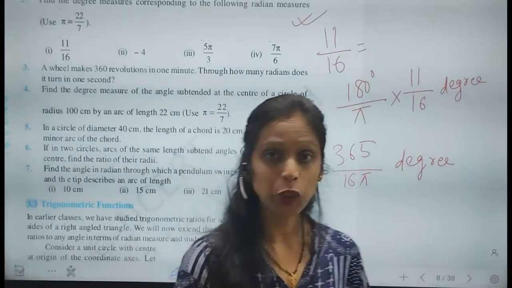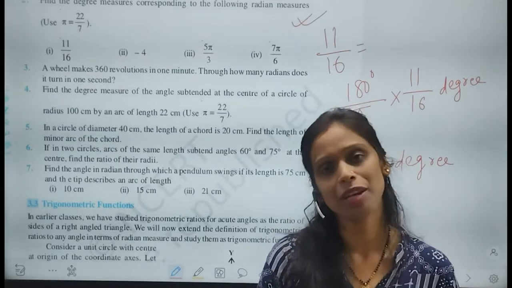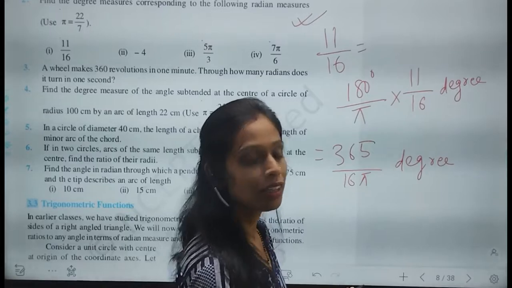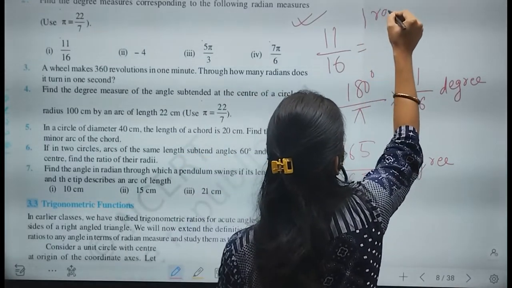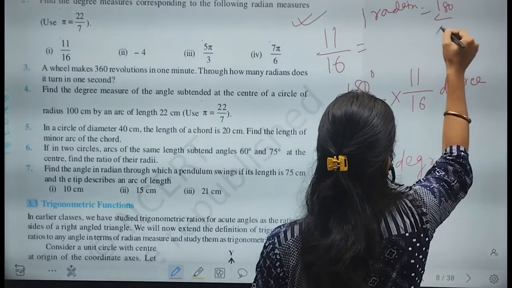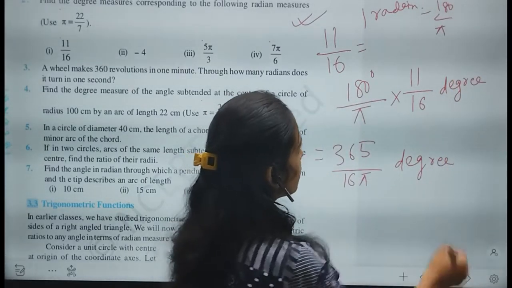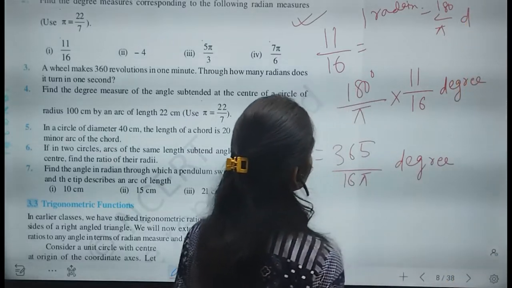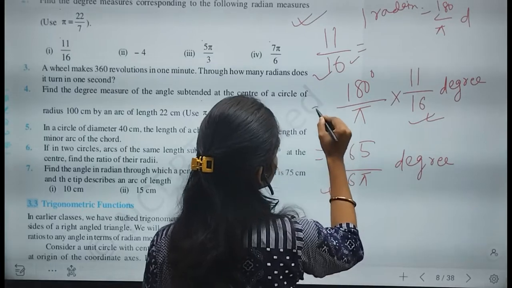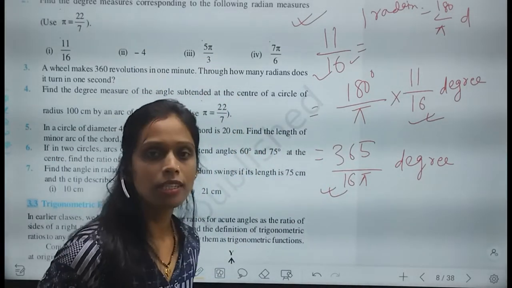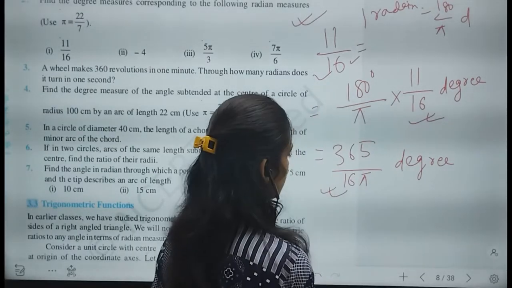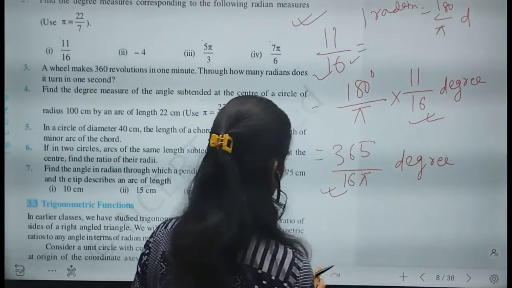I think you have understood this concept very clearly, because you know very well that 1 radian is equal to 180 by pi degree. Then 11 by 6 is equal to this one. This is the way to convert a radian into a degree.